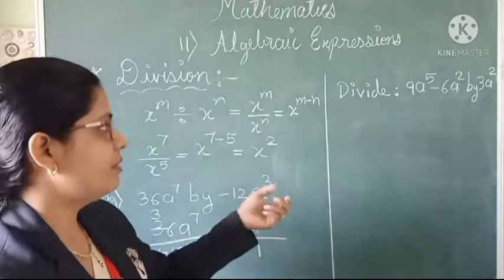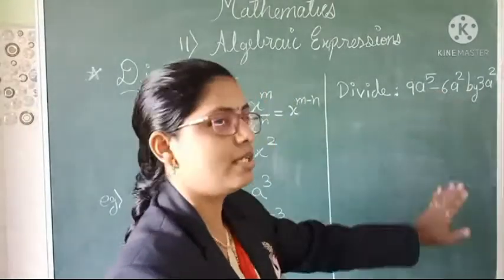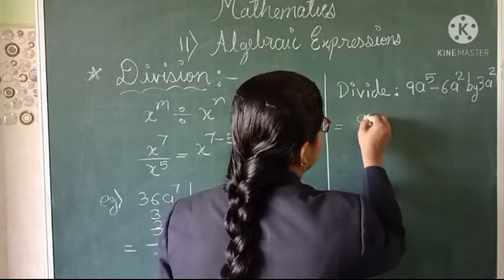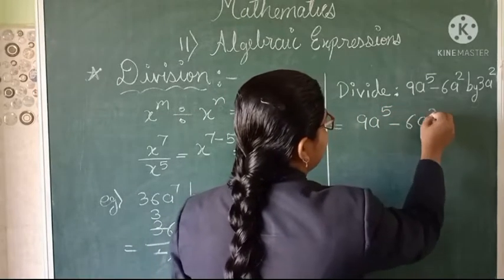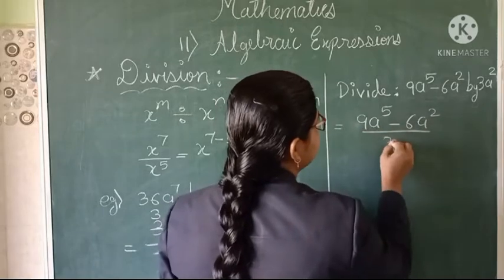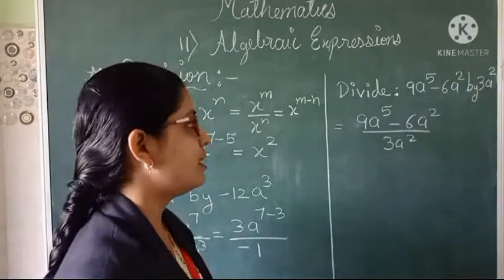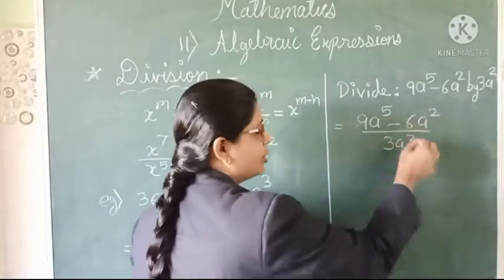Then second, we will see binomial and monomial. So how we will solve this? First we have to just write it as it is, what is given. So it is given in this way. What we will do is, a subtraction sign is there which is separating the two terms.